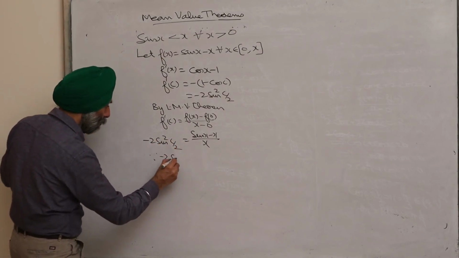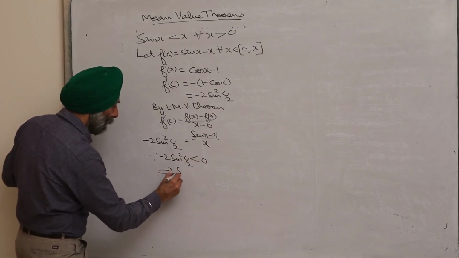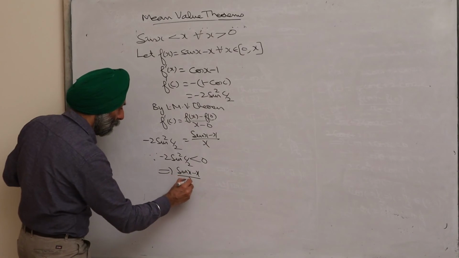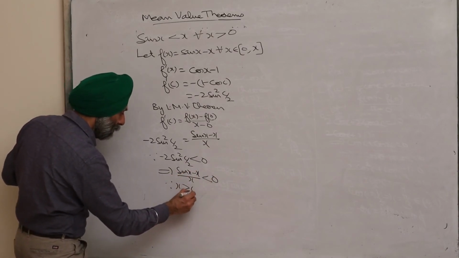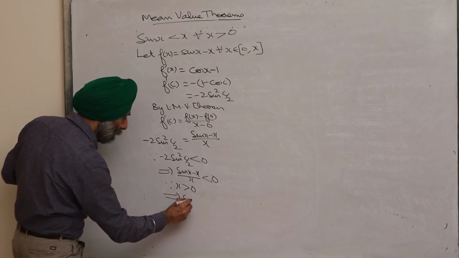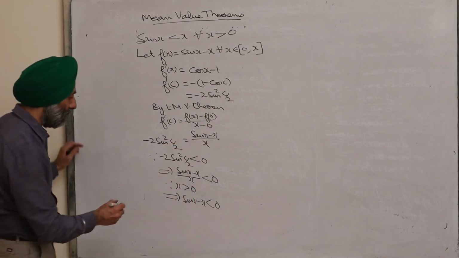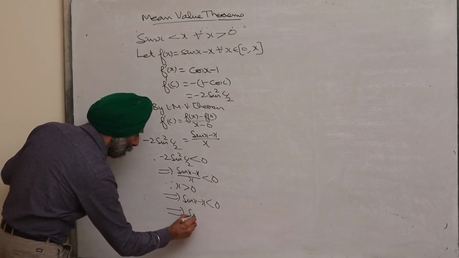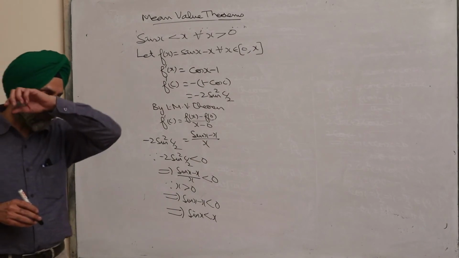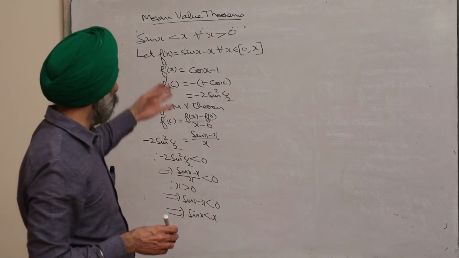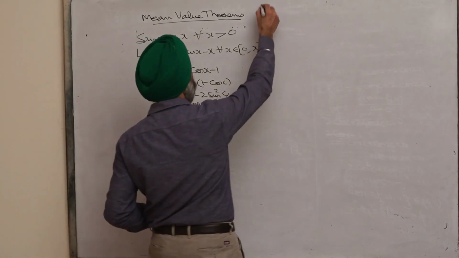Because minus 2 sin square c by 2 is negative, this implies sin x minus x over x is negative. Because x is greater than 0, this implies sin x minus x is negative, which means that I can cross multiply the terms, or this implies that sin x is less than x here.